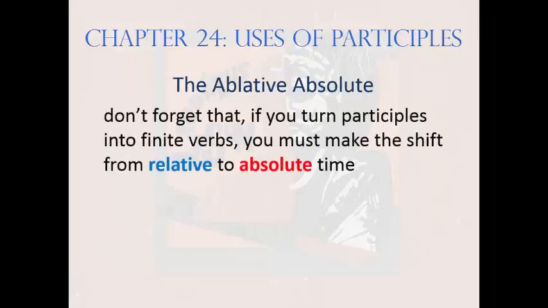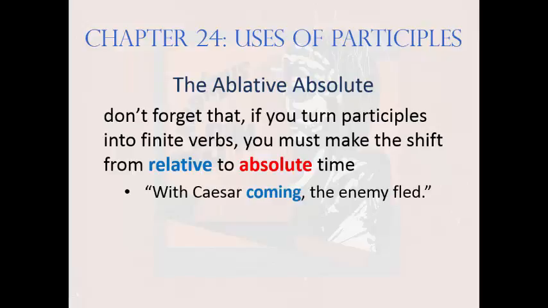Here again, it's important to understand how to shift correctly back and forth between relative and absolute time, because changing ablative absolutes into clauses entails converting participles, which show relative time, to finite verbs in clauses that reflect absolute time. So, for instance, "with Caesar coming, the enemy fled."